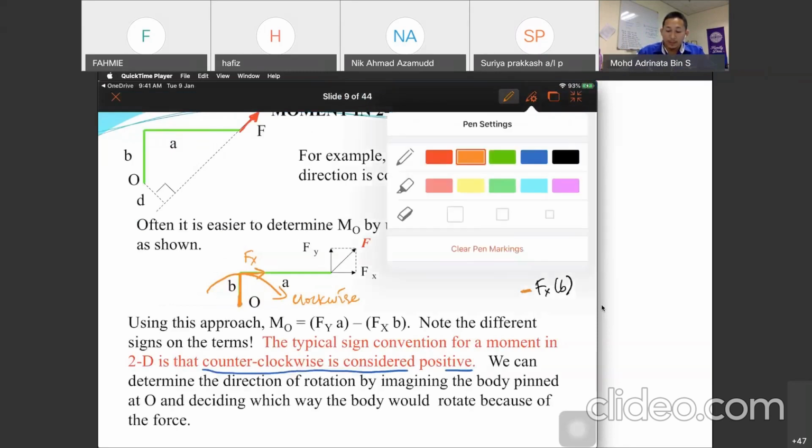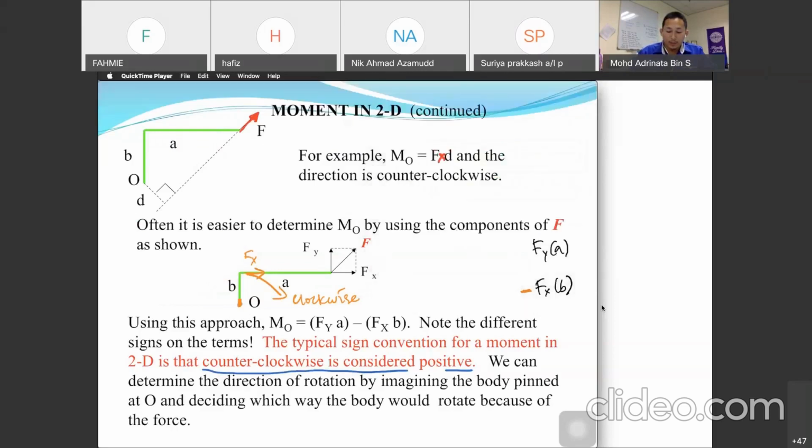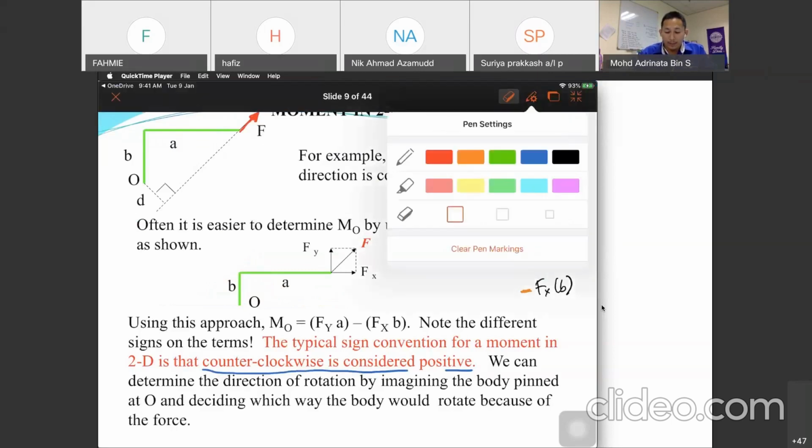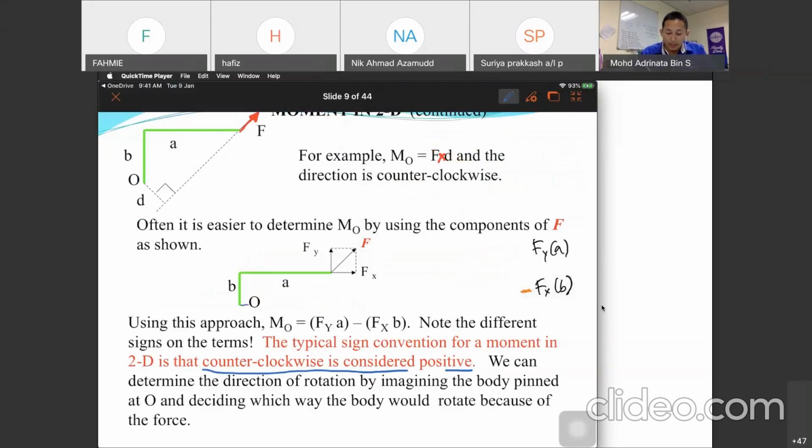Then, try to look at your Fy. Here is the line of Fy acting on the body. We have our O, and that is perpendicular.